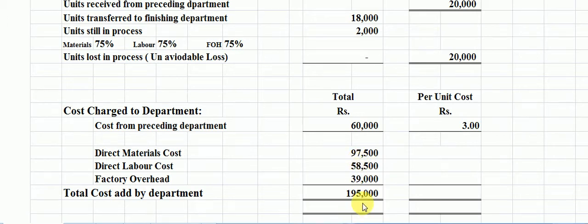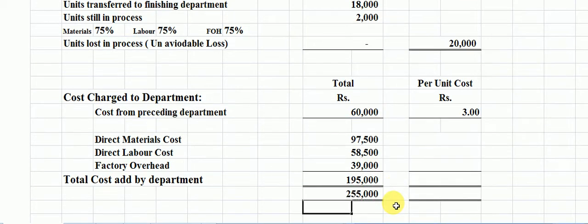Now we add the preceding cost and current cost which is incurred in this department. This is the total cost which is incurred in both departments, 2,55,000 rupees.